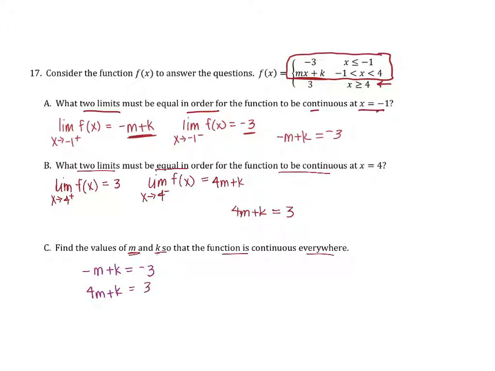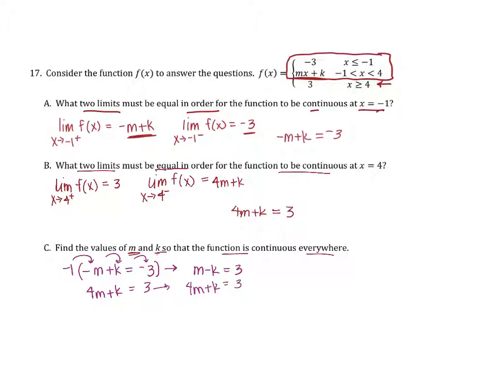So now we have two equations and two unknowns, and you could do any which way you want to solve this system. I would probably multiply this top one by a -1, and when I do that, notice that's going to change to be m minus k equals 3. I'm distributing that -1 to each part, and then I'm just going to bring over that bottom equation, 4m plus k equals 3.